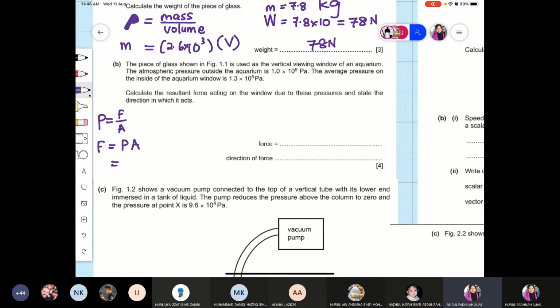So the pressure is, what do you get? What's the force? So masukkanlah nilai pressure 1 times 10 to the power of 5 times the area. So what's the area?